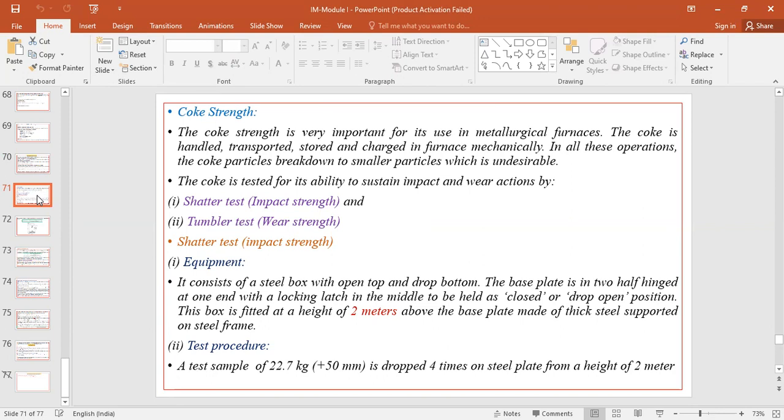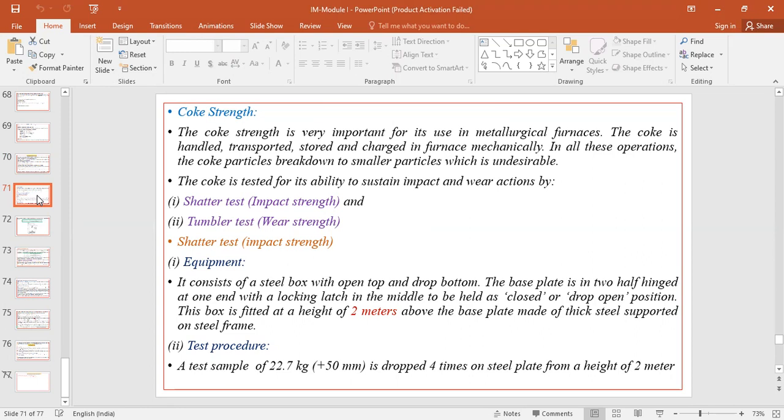Generation of a high amount of fines is not desirable for smooth working of the blast furnace because it hampers the permeability of the bed inside the furnace.